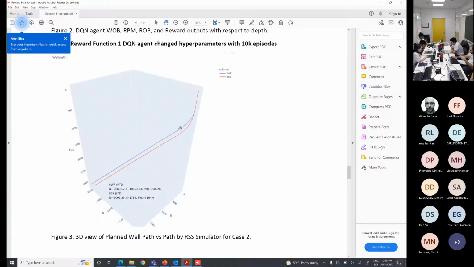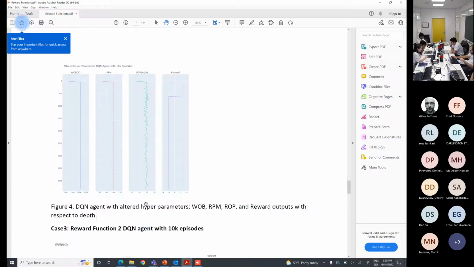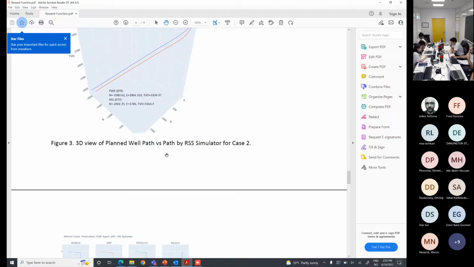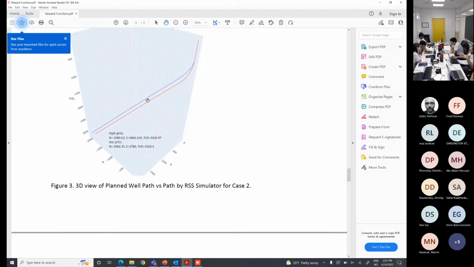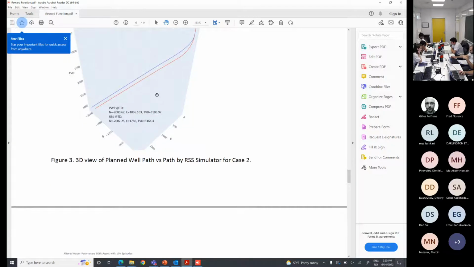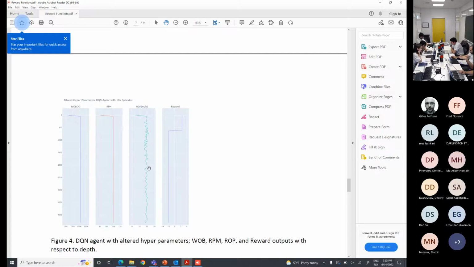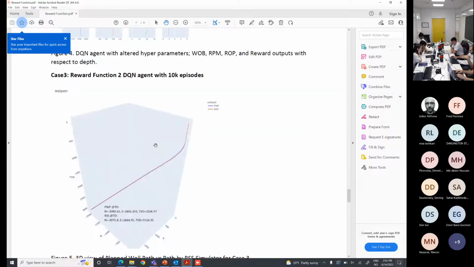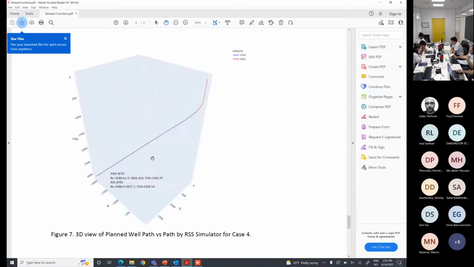here, this one is a very high ROP. It is around 20 meters per hour, for example, but it is not following the trajectory so much. So there is an optimization problem for the trajectory. So this shows there is some loss in ROP, but you are catching the trajectory. So I am trying to find a sweet spot for this.